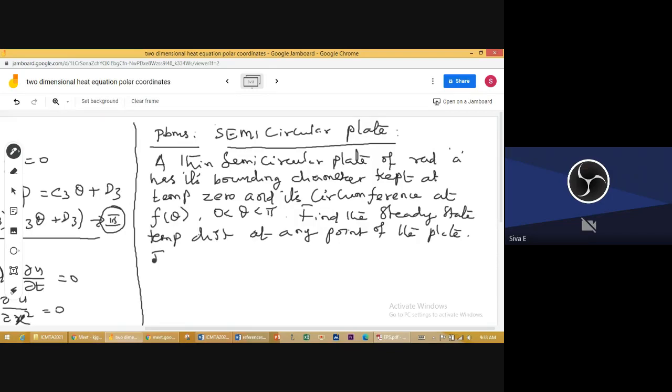If f of theta equal to k, a constant, find the temperature.